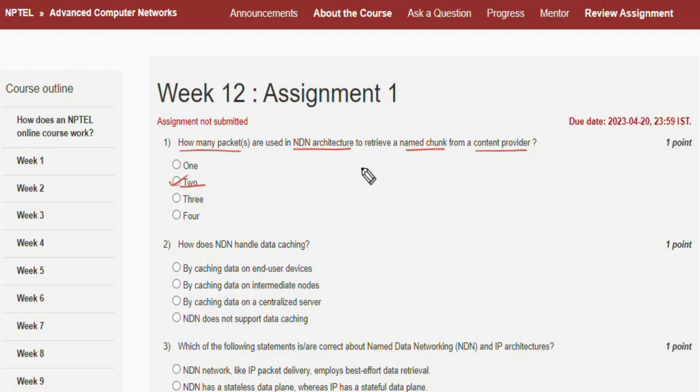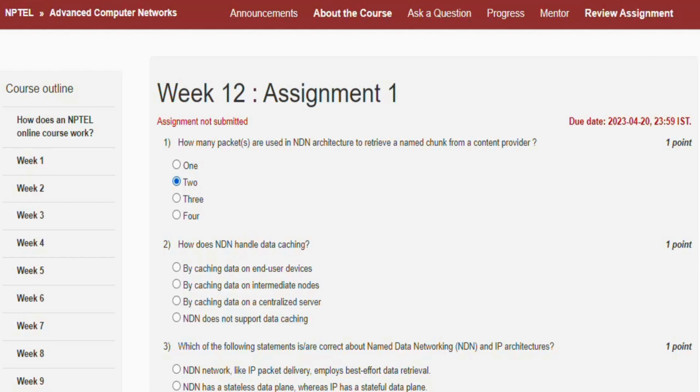The 2 packets are: 1, interest packet, and 2, data packet. Okay, so I select this one.